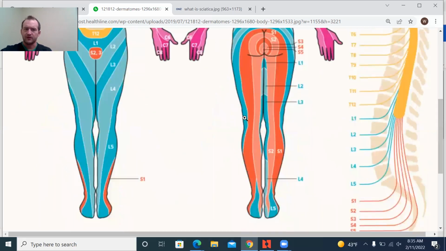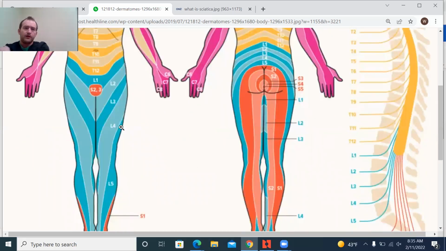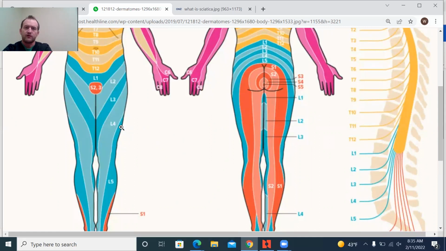Same thing with the leg. If you remember earlier in this presentation, I talked about, say you go to the doctor and you've got some random throbbing thigh pain, the front of your thigh. And I said, well, that could be an L3 nerve root compression. You would need a physician to diagnose that for you.